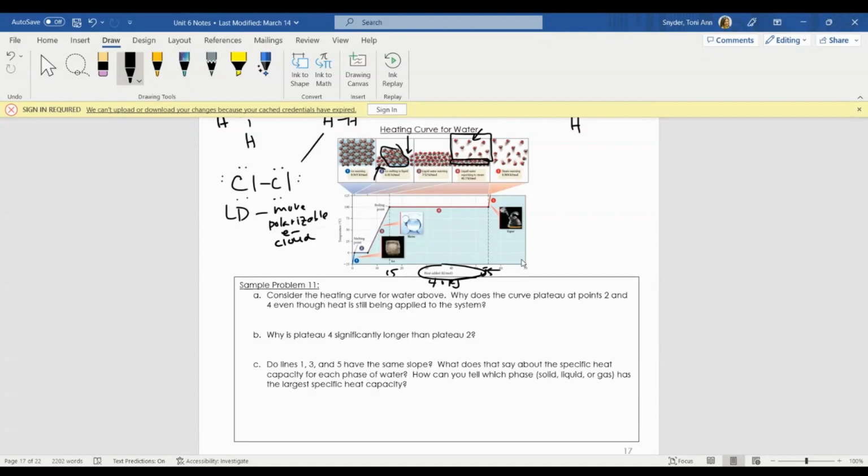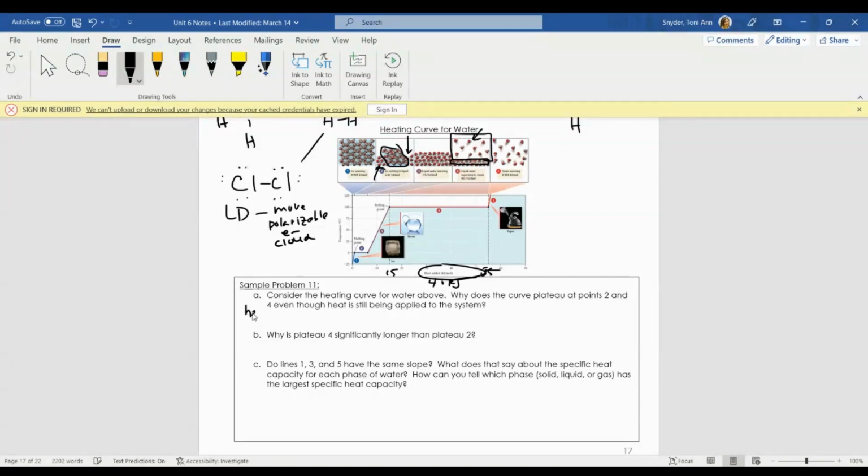Where's that energy going if it's not going towards raising the temperature? That energy is going towards breaking the intermolecular forces. So at point 2, I have to break these hydrogen bonds. That's where the energy is going, even though I'm adding heat. For part 4, that energy is going towards breaking every hydrogen bond to get this water to vaporize.